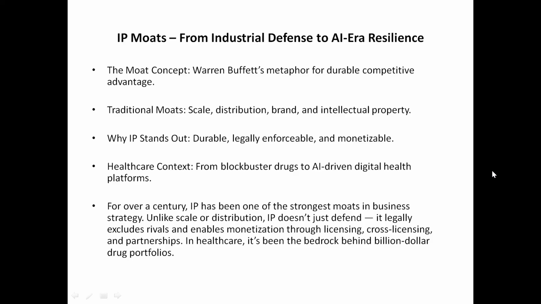For over a century, IP has been one of the strongest moats in business strategy, not just in healthcare, but in other tech-based industries. And unlike scale, IP doesn't just define, it is legally exclusive and enables monetization through licensing and many other ways of utilizing it as a business asset to bring competitive advantage.